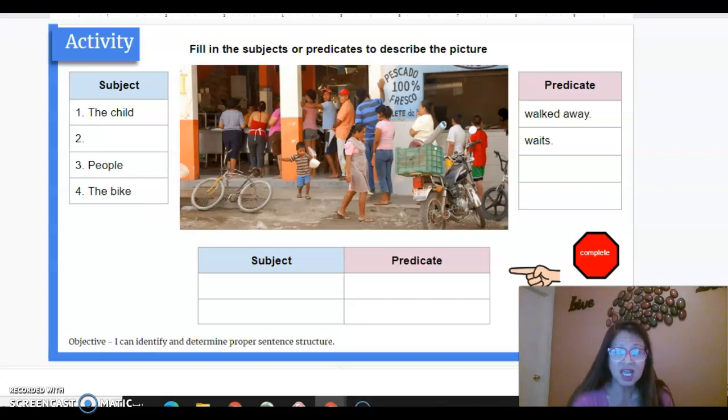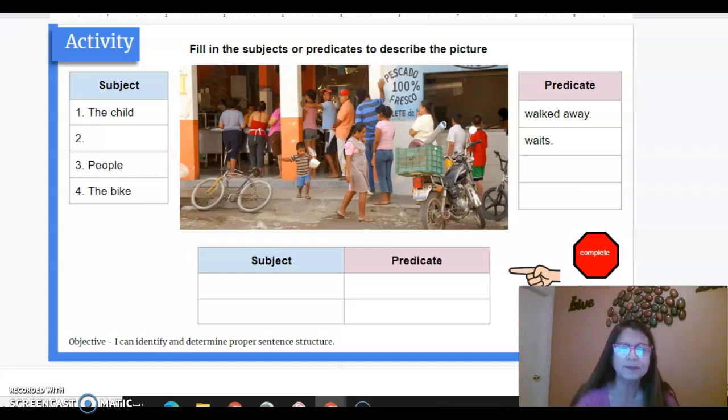Maybe the man is a husband or a brother. The women can be a daughter, a mother, a grandmother. Okay, let's look and see what they are doing. I see some standing, walking, waiting, looking.